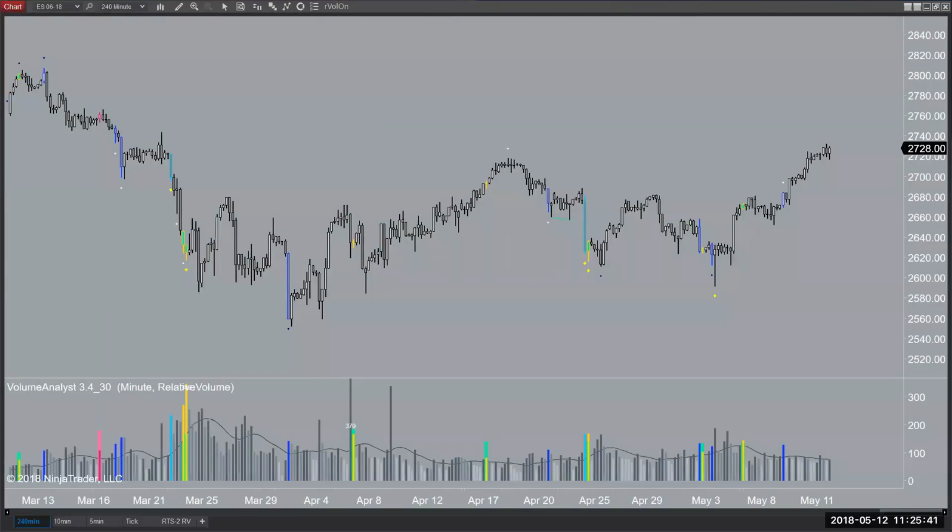Rob, yeah, it does. Actually, we do have it working in the market analyzer now. The only thing that's not working so well, probably just not even possible actually, is the multiple time frame stuff. I don't know that we would be able to get the relative volume on tick charts in the market analyzer.